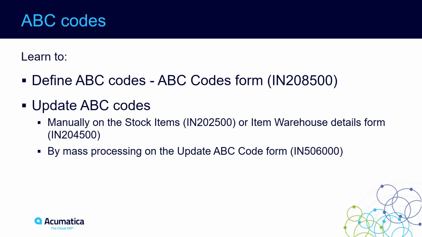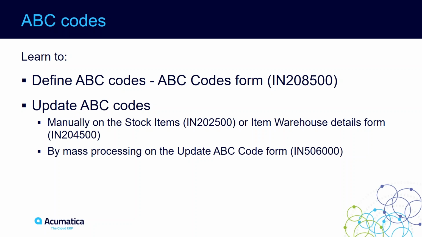In this lesson, we are going to learn how to define ABC codes on our ABC codes form screen. We also will update our ABC codes manually using the stock items screen or the item warehouse details screen. And as we already did with the movement classes, in case we have a large number of items, we can use a mass process to update them.